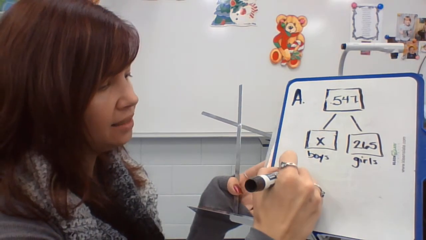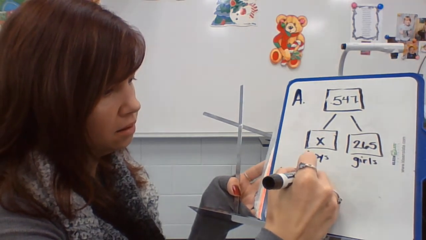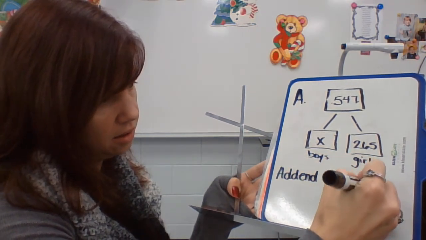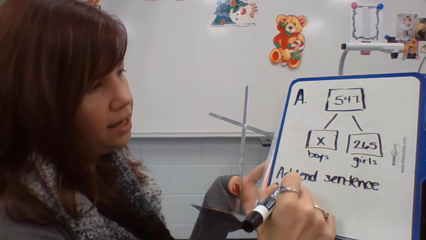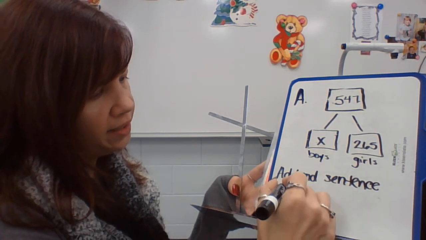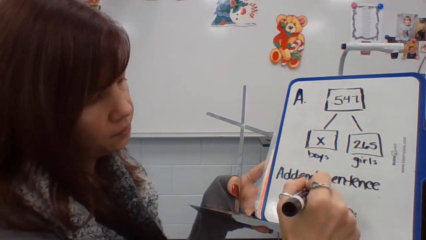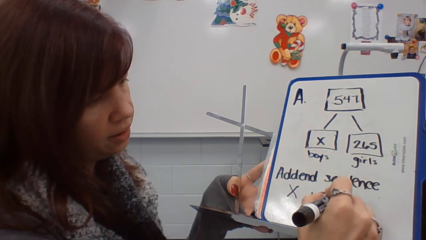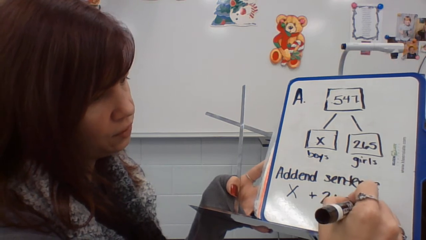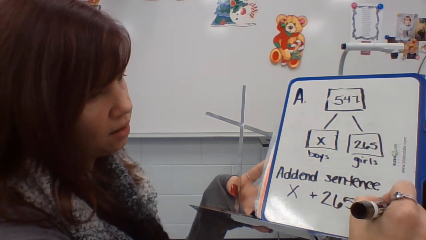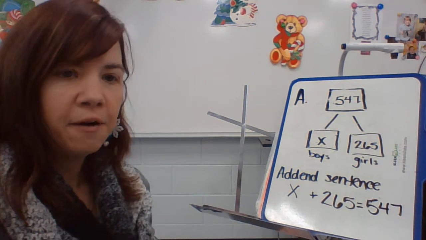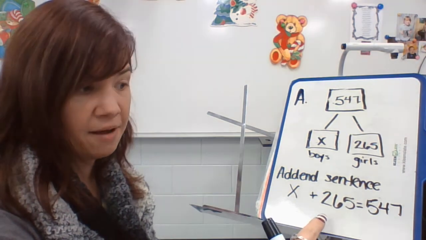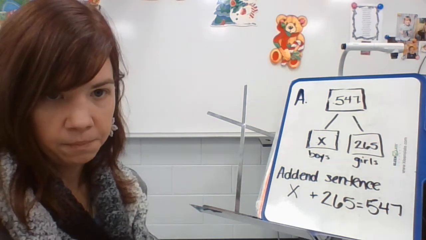So our addend sentence is we have our part of boys that we don't know, so X, plus the 265 girls, and that will give us all of the kids that are 547. So something plus 265 equals 547.